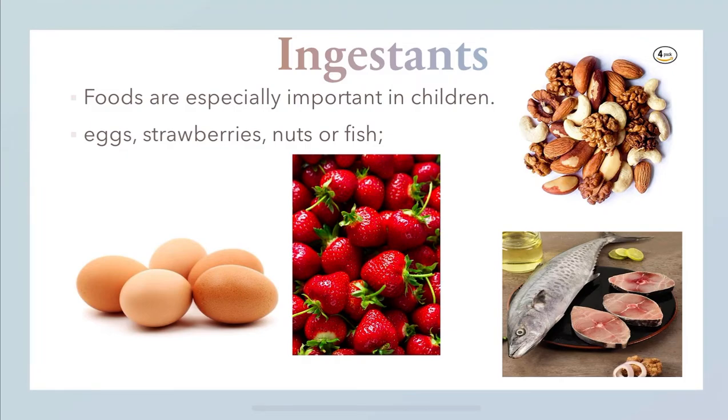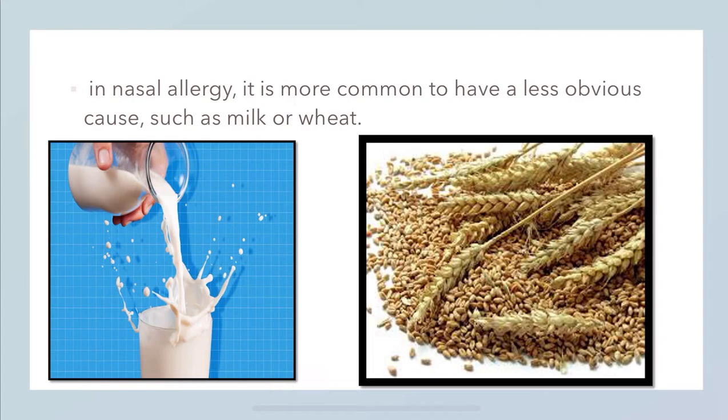Ingestants, which can cause allergic rhinitis. The ingestants are especially important in children: eggs, strawberries, nuts, or fish. In nasal allergy, it is more common to have a less obvious cause such as milk or wheat.